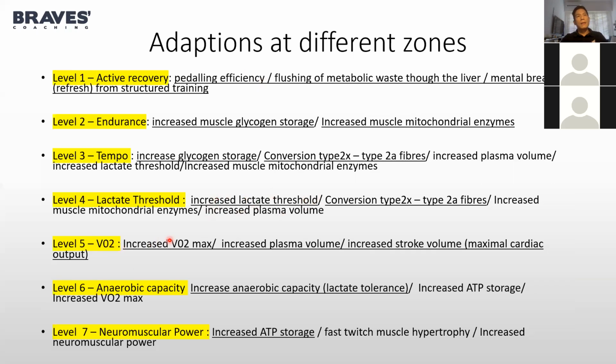But it's a general shift. Active recovery is about efficiency, because normally you're spinning, getting the metabolic waste through the liver. Level 2, power zone 2, endurance: increase muscle glycogen storage, so you train your body to store more glycogen during the ride as well as during refueling.